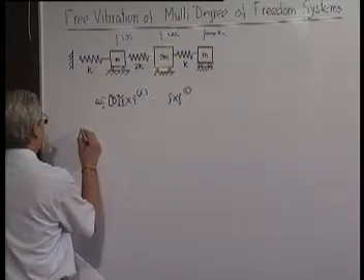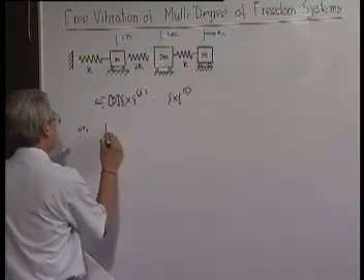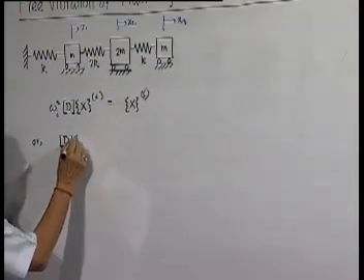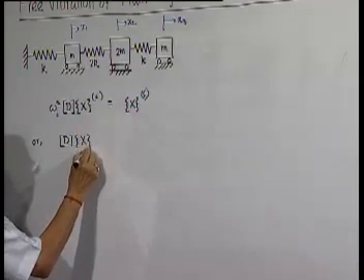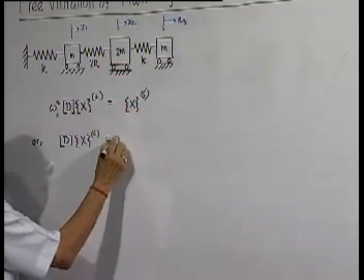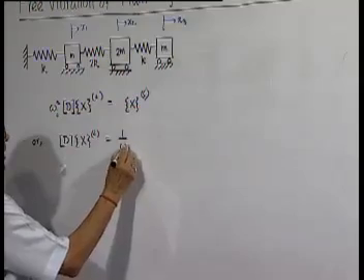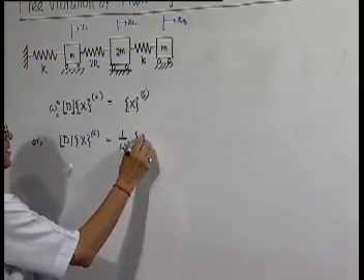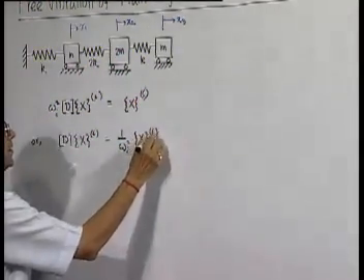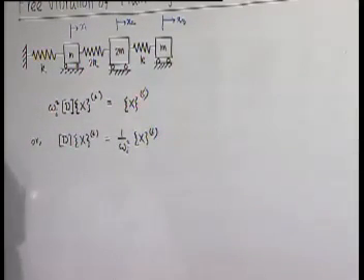Or we can write D is nothing but 1 by omega i square for all the natural modes, i equal to 1, 2, 3 and so on.